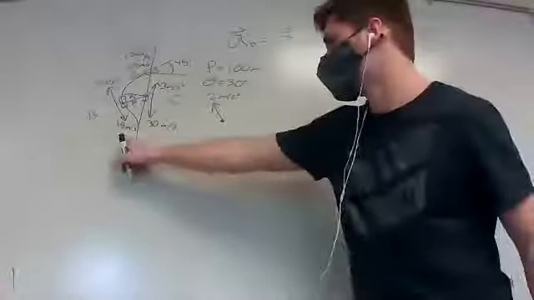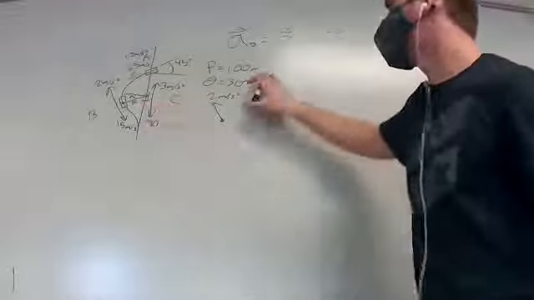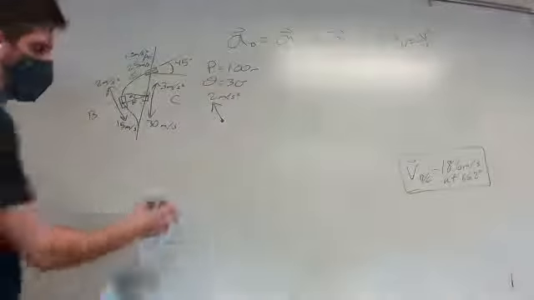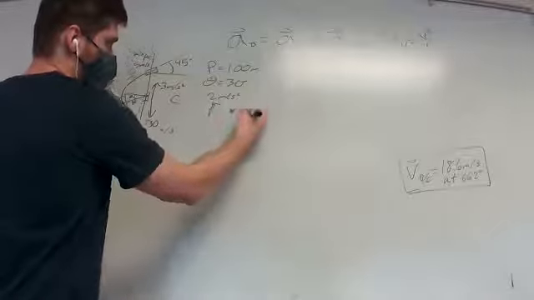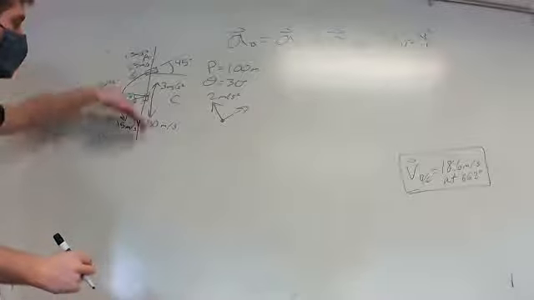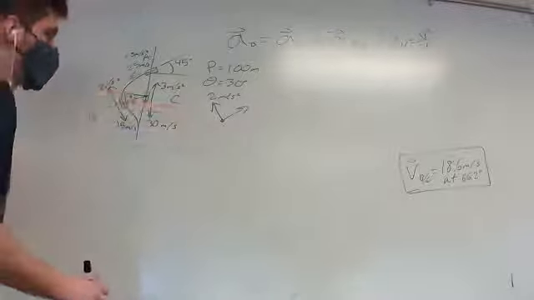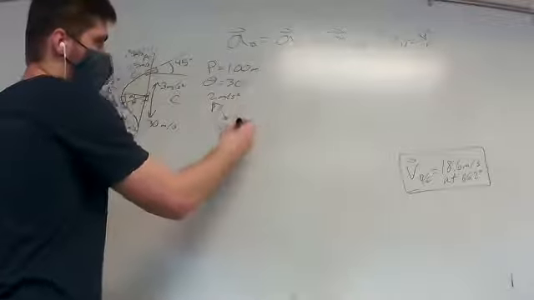So we have the velocity of B right here. And we know the R value is 100 meters. The way the curve is drawn, it has to be moving to the left.